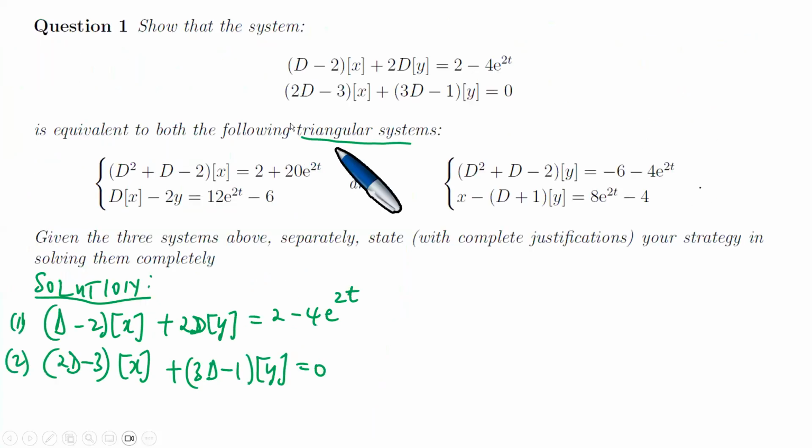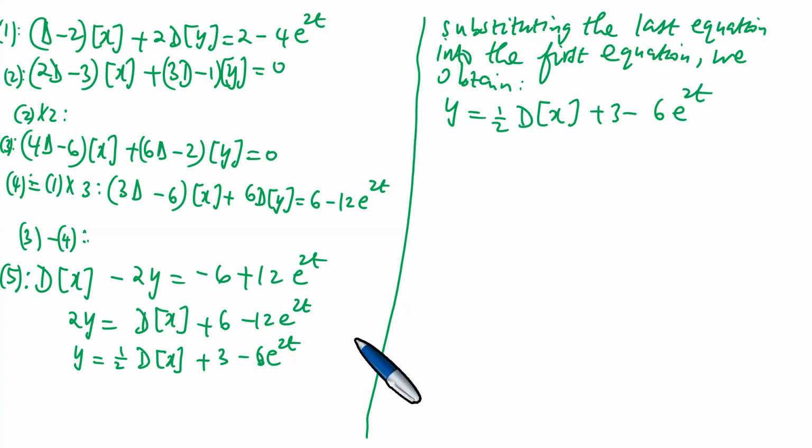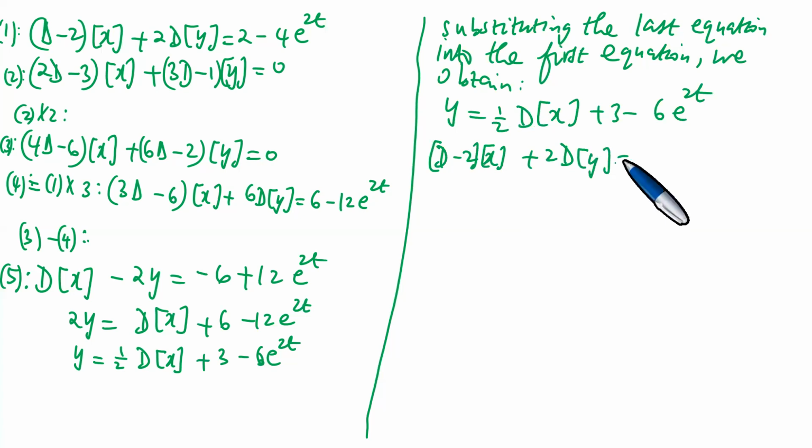And where is the first one? The first equation obviously is exactly this one, and we're going to write it there. If we write it here, it is exactly (D minus 2)x plus 2Dy, which is 2 minus 4e^(2t).